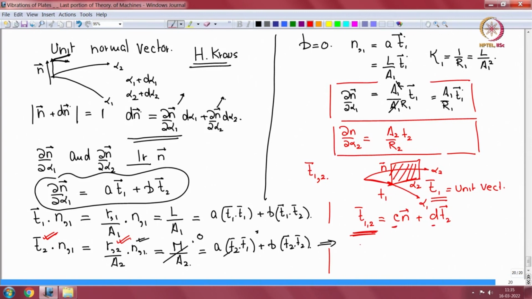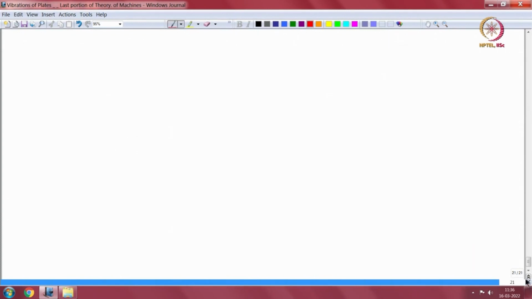We will have n dotted with T1 comma 2 as C, and T2 dotted with T1 comma 2 as D. Now we have to find out what these C and D are.